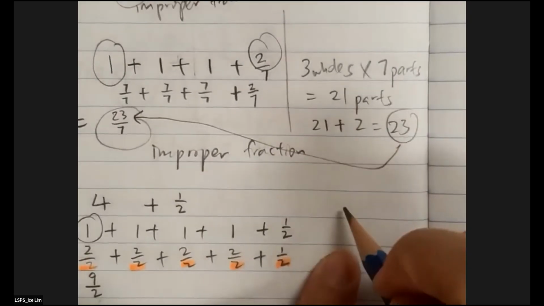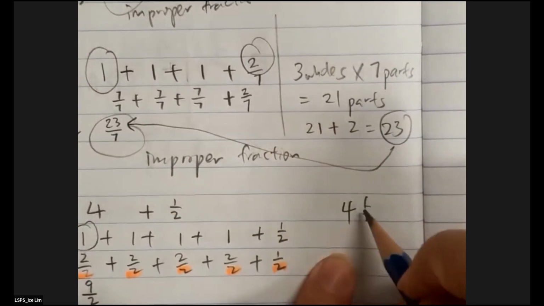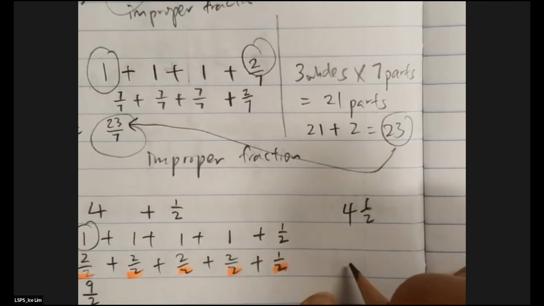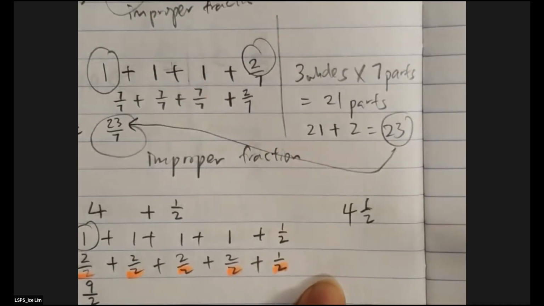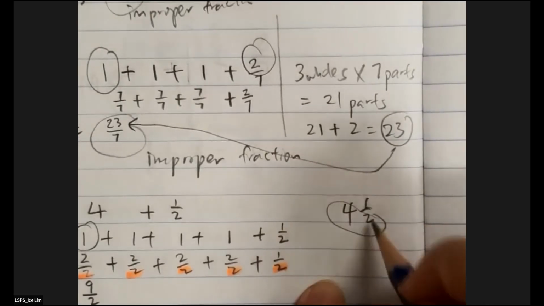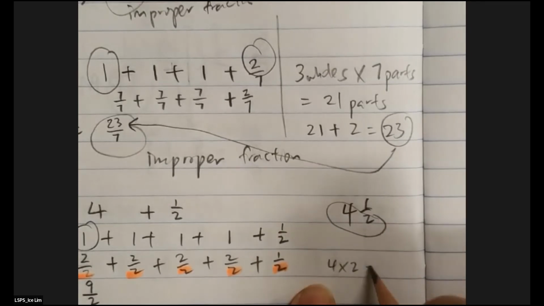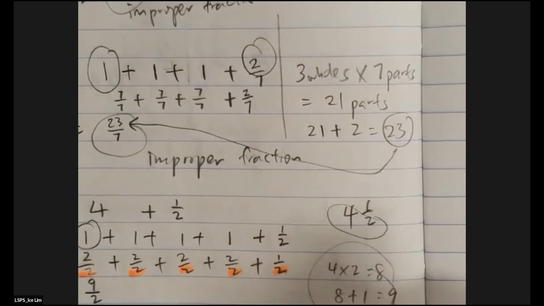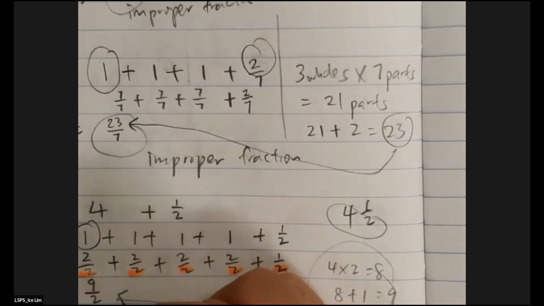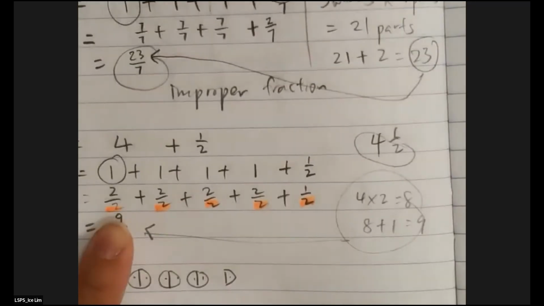Okay, so for 4 and a half, I can just write the shortcut as 4 times 2, that's 8. 8 plus 1, that's 9. And that gives me the numerator 9.